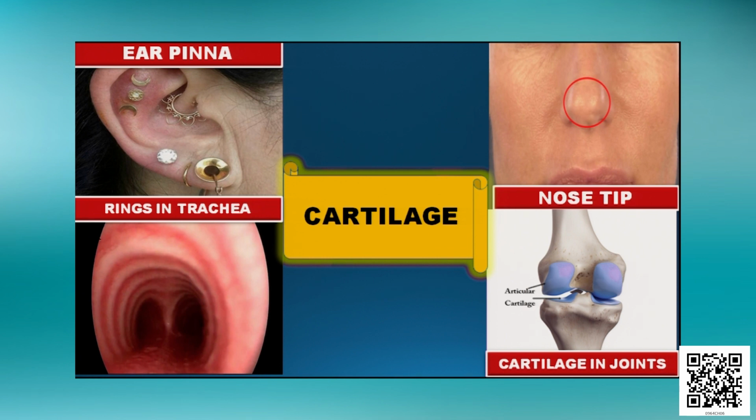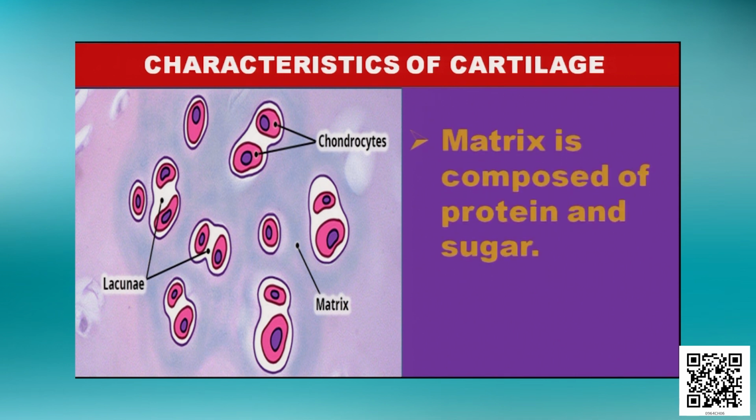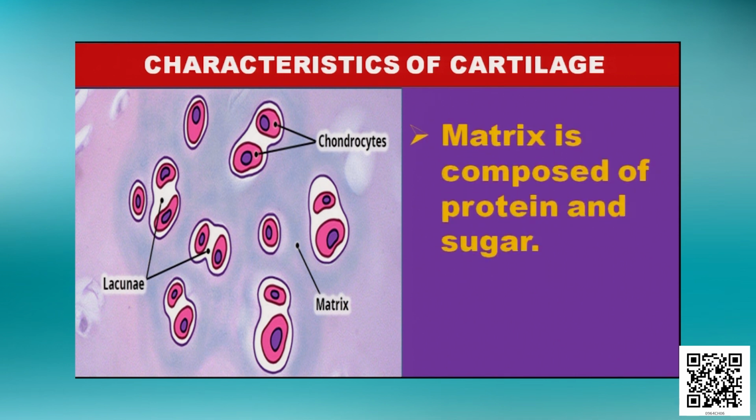How do they look? Let us see. Yes, look at the picture again. The cells of the cartilage are called chondrocytes. Again, the chondrocytes are suspended in the matrix, which is made up of protein and sugar.